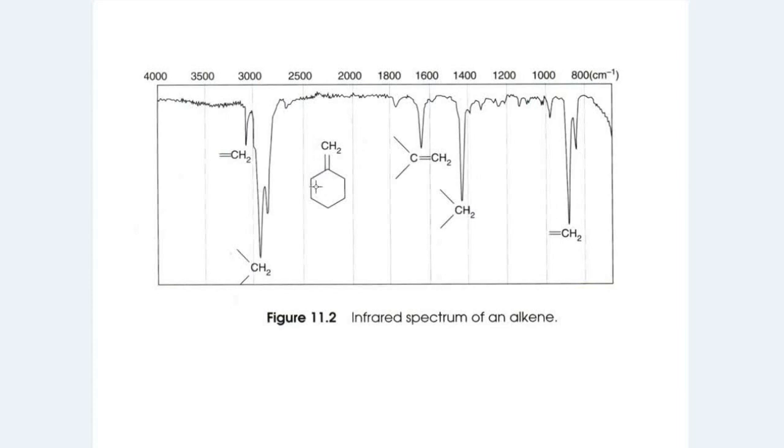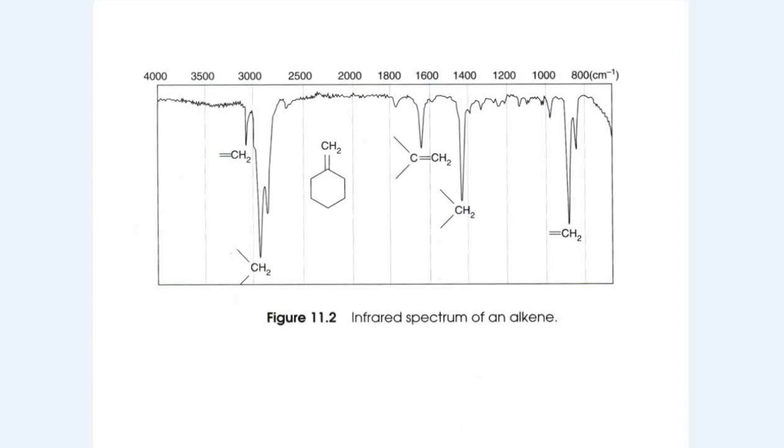Now, this alkene has a structure type that's called an alkylidene structure. An alkylidene structure is an alkene in which one alkene carbon has two hydrogens and the other alkene carbon has two carbons. This frequency peak here, in fact, is going to tell you that.